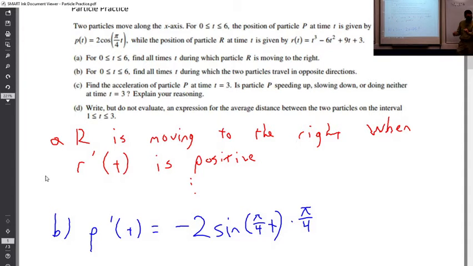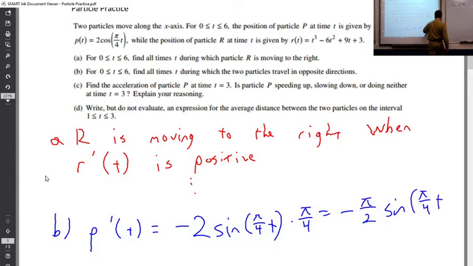So looking at what's going on outside of the sine, we still have a negative. And then we have a 2 here and a pi over 4 here, which are going to cancel to be pi over 2, times the sine of pi over 4t.